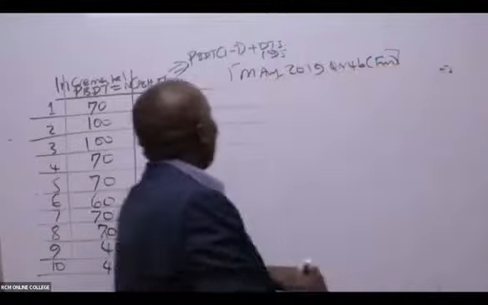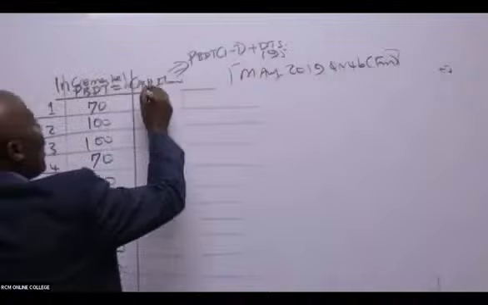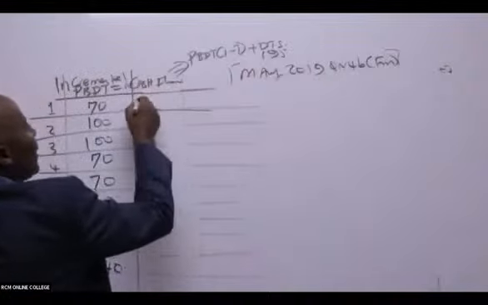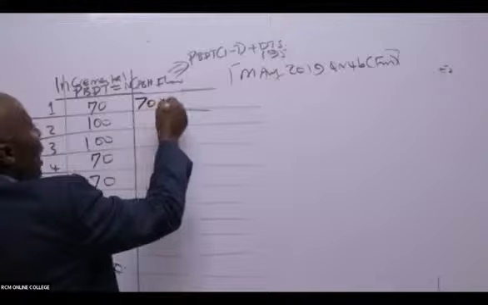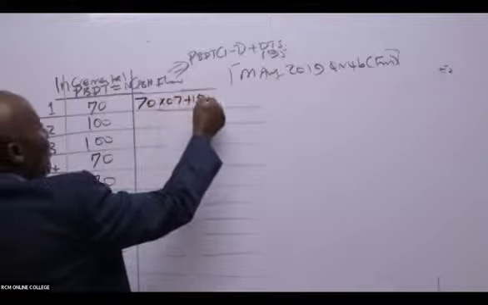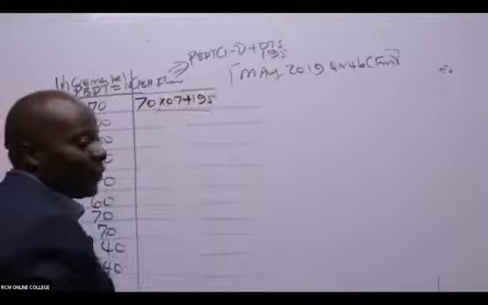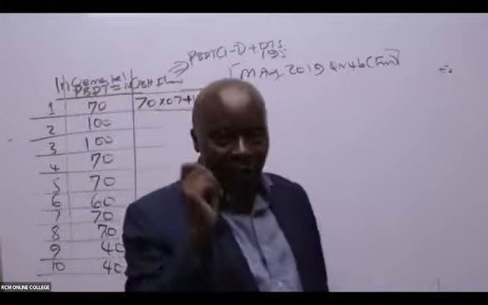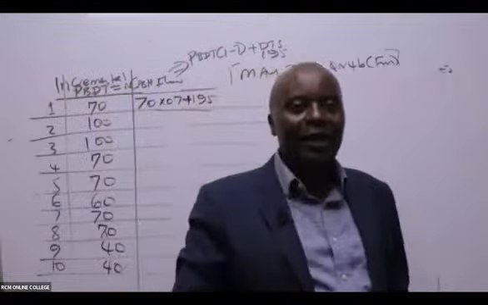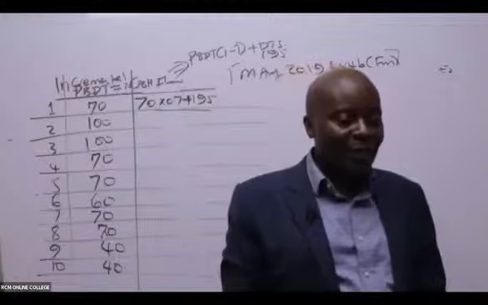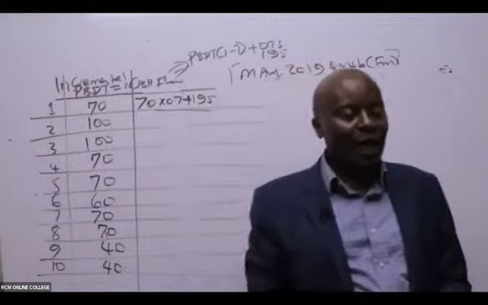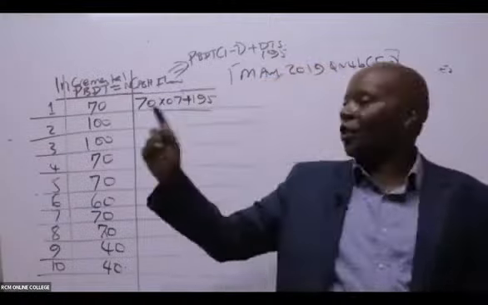When I break it up, this is what I will do. Ladies and gentlemen, I will take 70 times 0.7 plus 195. I'm so sure that you guys haven't yet seen that 195. And if you have seen it, then you haven't seen this 0.7.